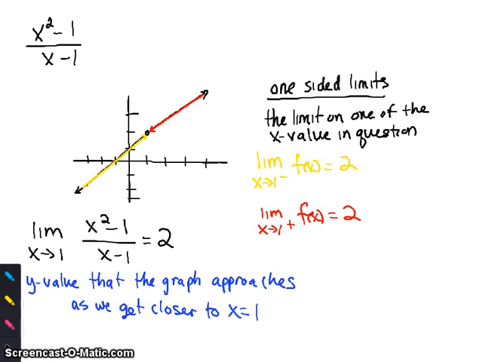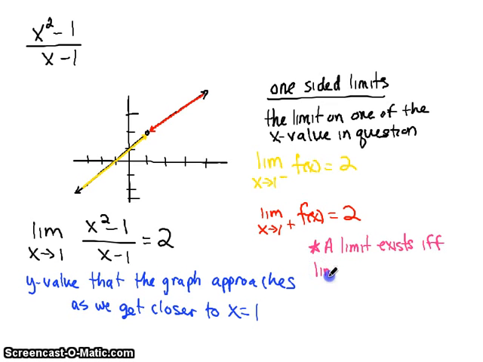Now, for a limit to exist, we need to make sure that the left-hand limit and the right-hand limit are the same. So we'll put a little star and we'll say a limit exists if and only if the limit as x approaches c from the left of f of x equals the limit as x approaches c from the right of f of x.